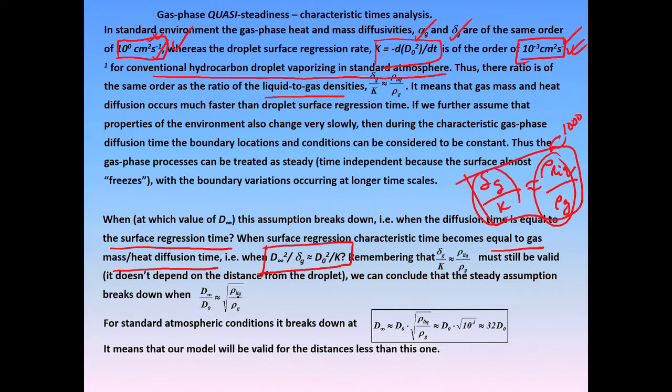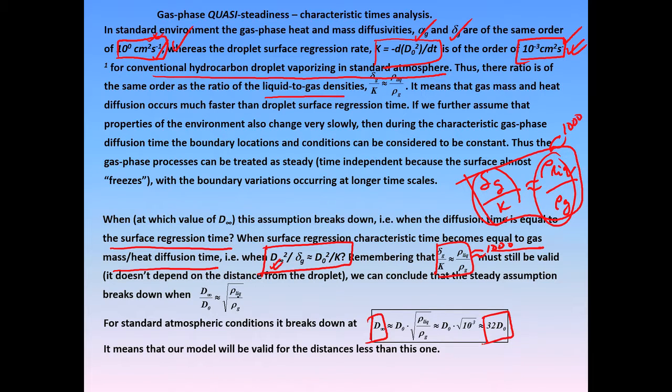So, d naught square by k will be equal to what value of d, what value of the diffusion length, for which these two time scales will be the same, remembering that these two are of the order of 1000 always. Once you do that, you will find that this d infinity is actually 32 times the droplet diameter.